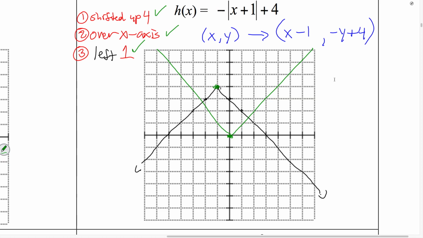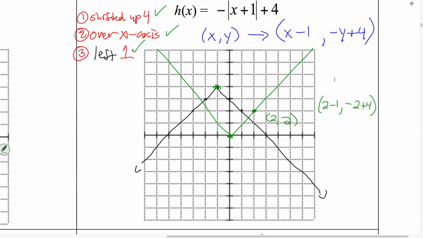Does an x, y become x minus 1, comma, negative y plus 4? Well, here's where we test it. Pick a point. I'm going to pick one point. How about this one? 2, 2. If I plug that in, I should get 2 minus 1, comma, negative 2 plus 4.